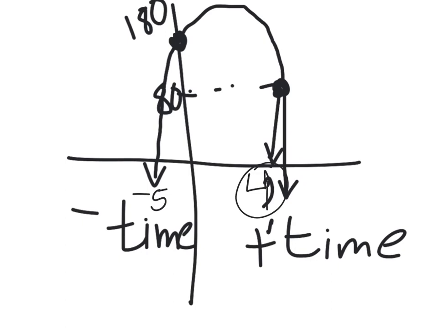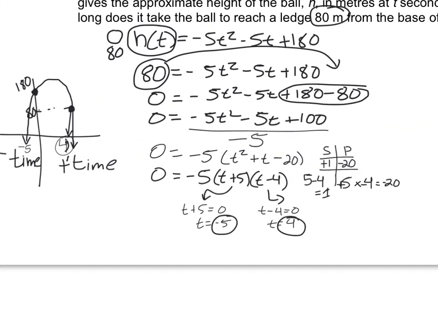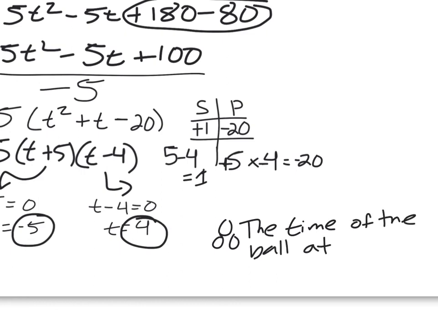Which answer am I going to select to answer the question with? The positive 4, because negative 5 cannot exist. So I'll write my therefore statement. Therefore, the time of the ball at 80 meters is 4 seconds.